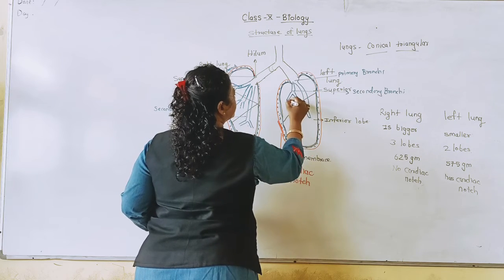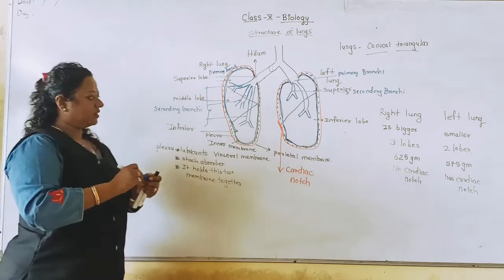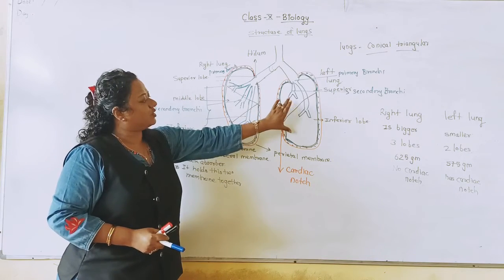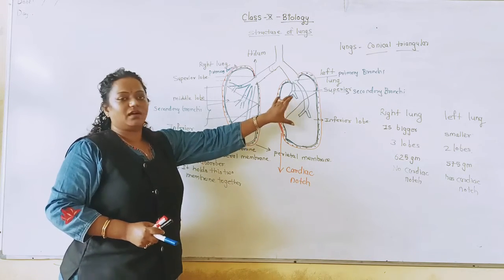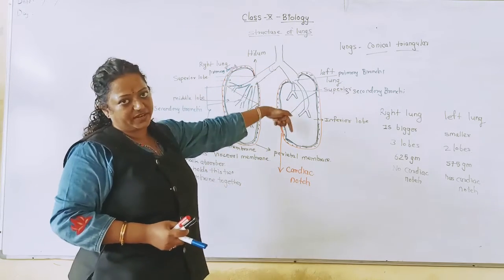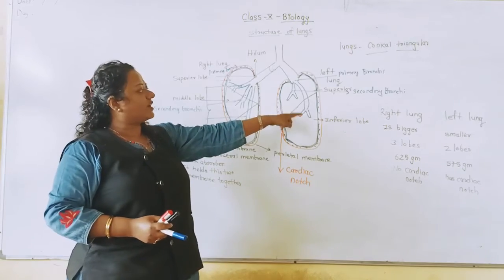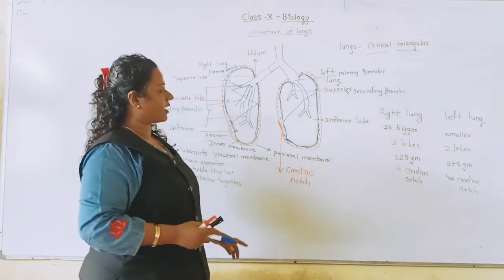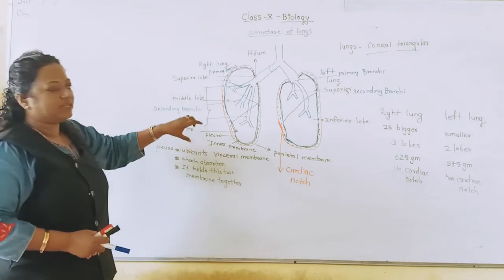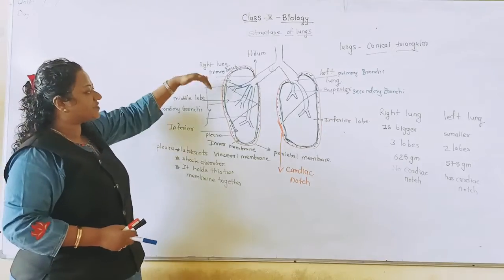Okay, students? Here, only two parts are there. So in every part a secondary bronchus is inserted from the primary bronchi, and the secondary bronchi is further divided into tertiary bronchi. Here three lobes are there, so in every lobe the secondary bronchus is inserted.